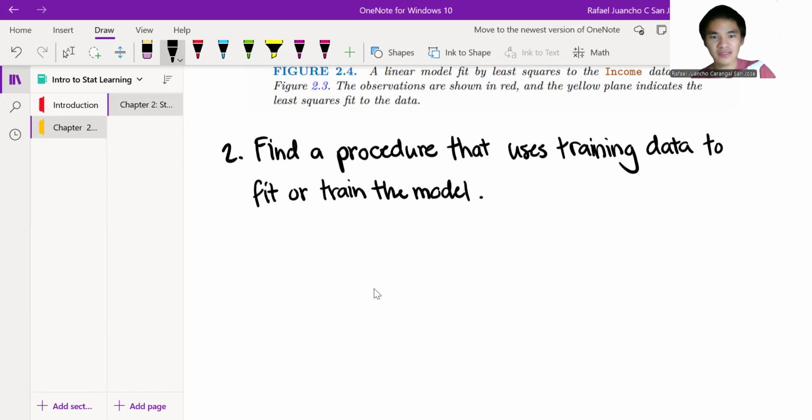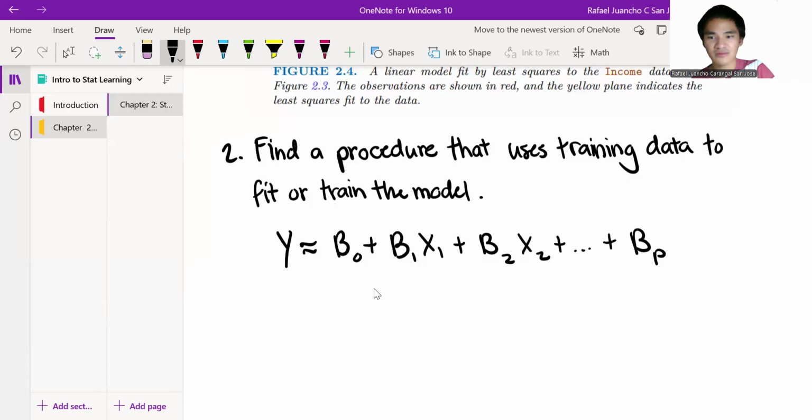And then in the mathematical sense, we want to find some output such that this whole thing, our linear model here, B2, I'm assuming this goes all the way to BP, right? Let me do a summation here.